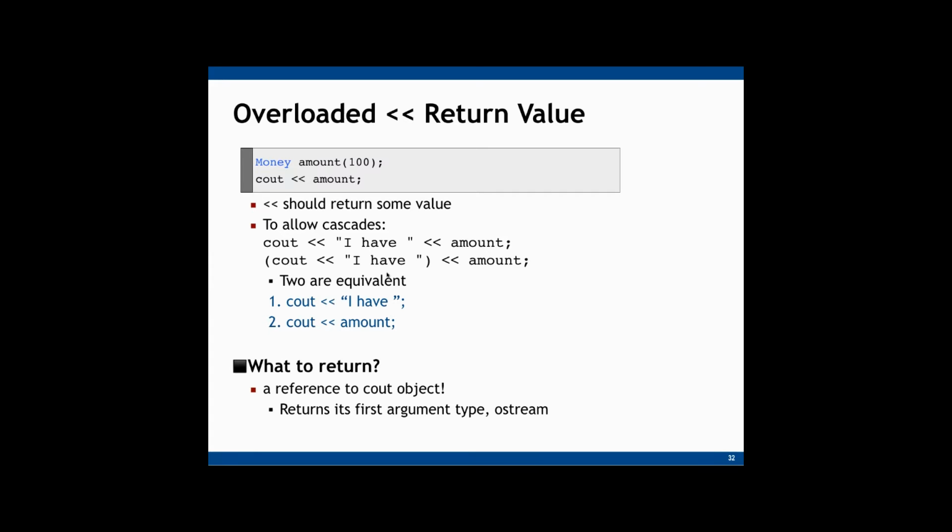Both lines evaluate first this one, cout, "I have" string. So this one will be evaluated first for these two lines.